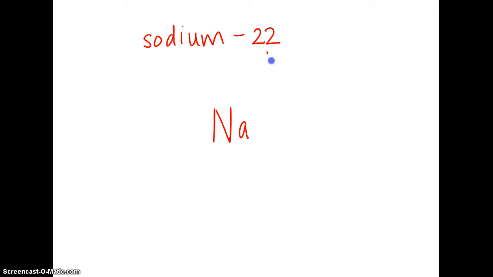This number after the dash is its atomic mass. So, if I can have you pause right now and fill in the atomic symbol so that we can check it.